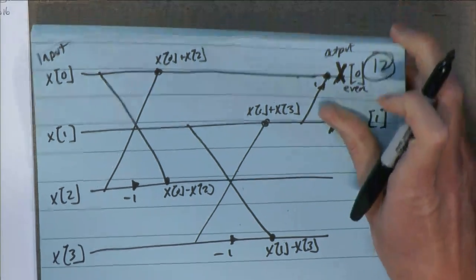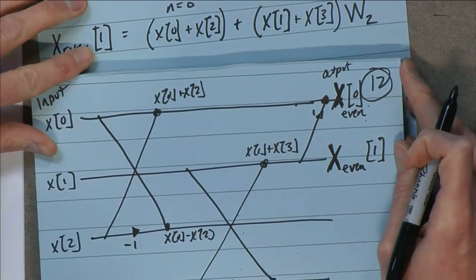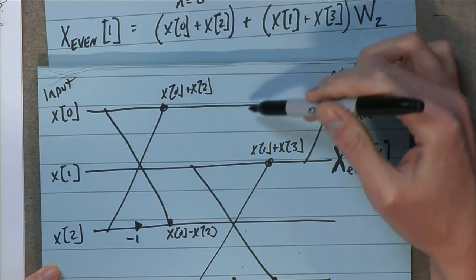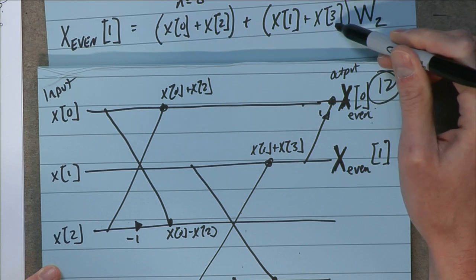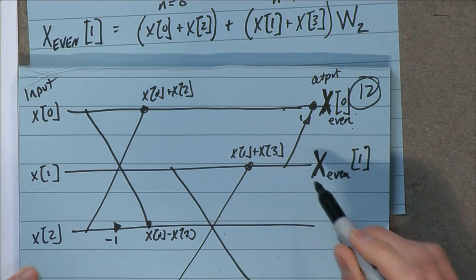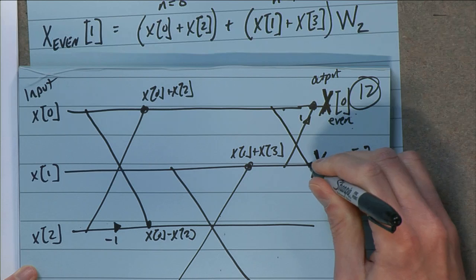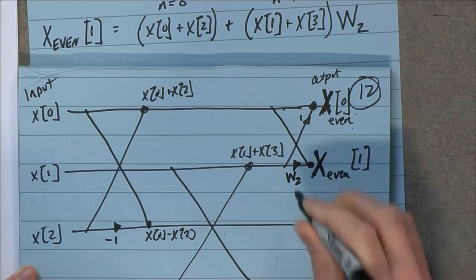So let's go back to x even 1. And you can see that it's x0 plus x2, which we've got up on top, plus x1 plus x3 times w2. So I've got to be able to take this and apply a weight to it. And I don't have much room to do that, do I? W2.